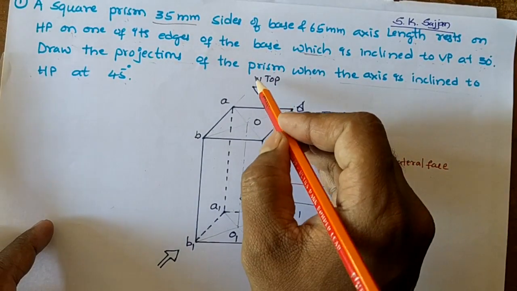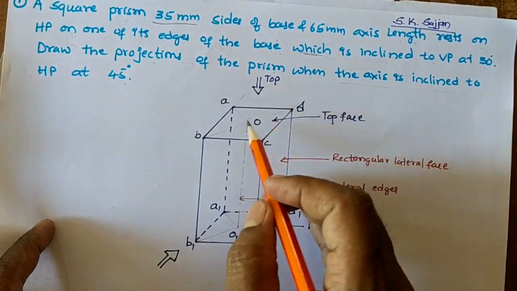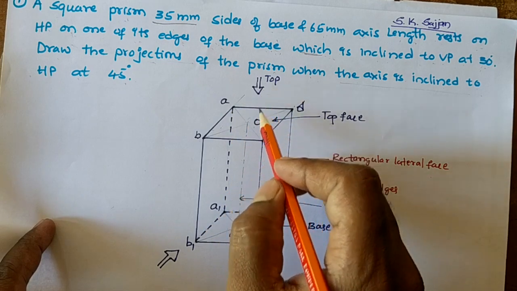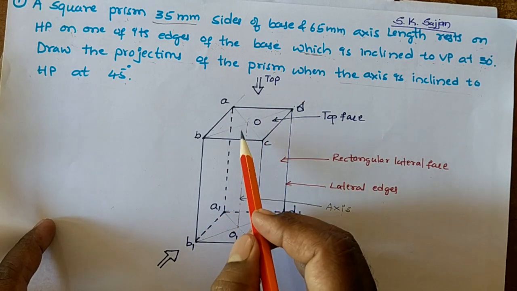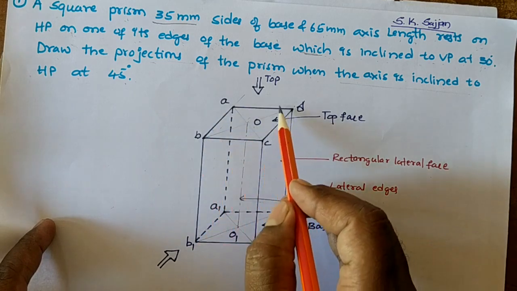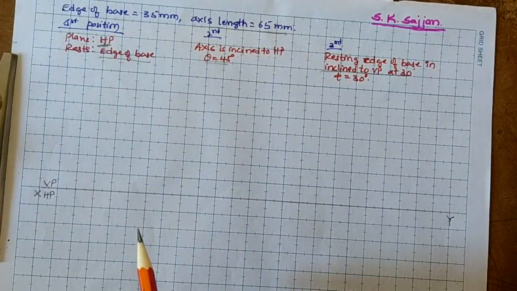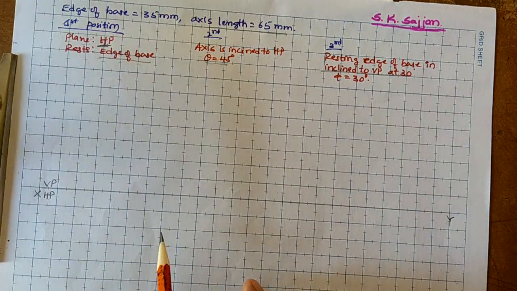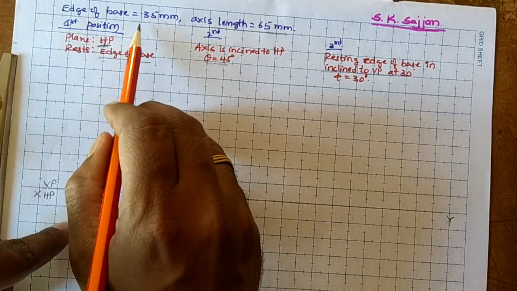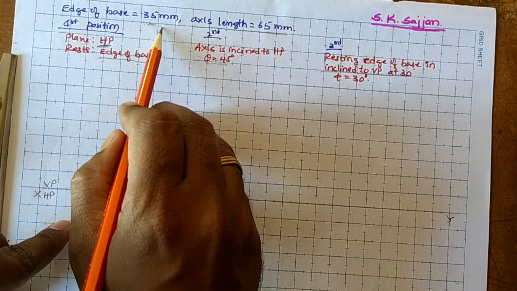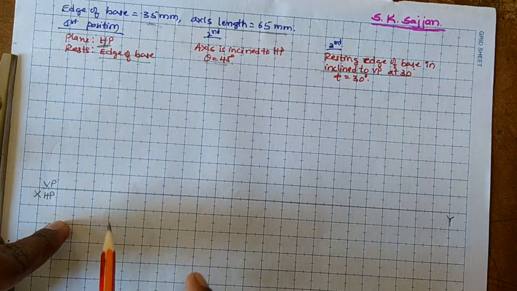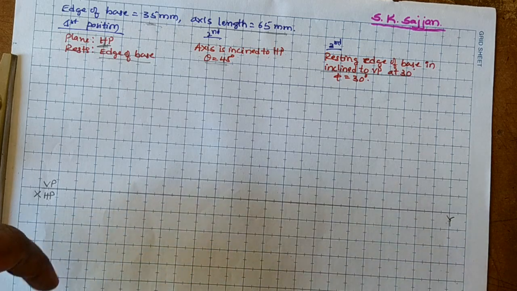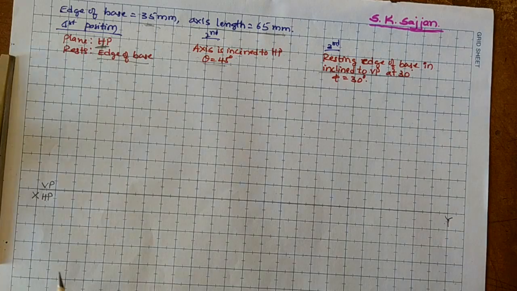Looking from the top, the top view looks like a square, correct? Now I want to draw the top view as a square. Draw the top view as a square of 35 mm side, with one side of the base perpendicular to the XY line.